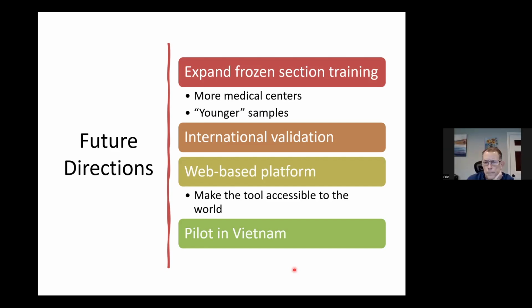And you can do that in Israel, but probably want to do that also in places that have an extremely high volume of Hirschsprung disease. Vietnam is a good one to start with. I was there years ago helping them in the operating room, and they see hundreds of cases every year just in the one hospital I was at in Hanoi.